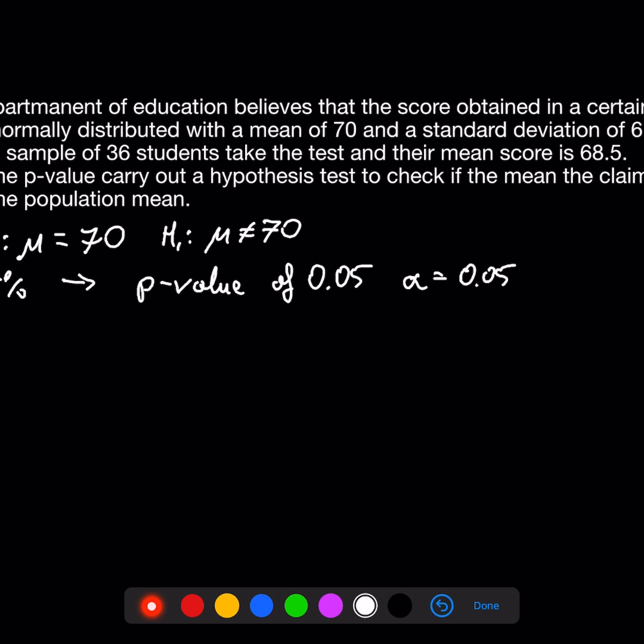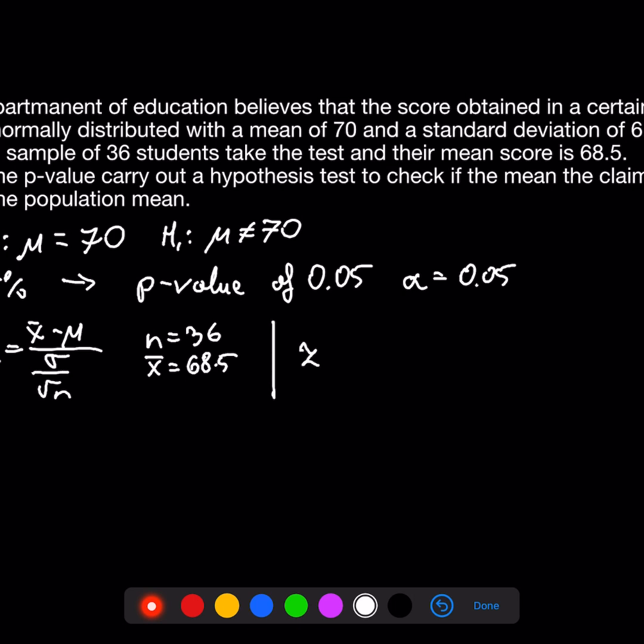The next step is to find the z statistic. Z equals, again, x bar minus mu divided by sigma over root n. So in this case, n equals 36, x bar equals 68.5, and we already know the values for mu and for sigma.